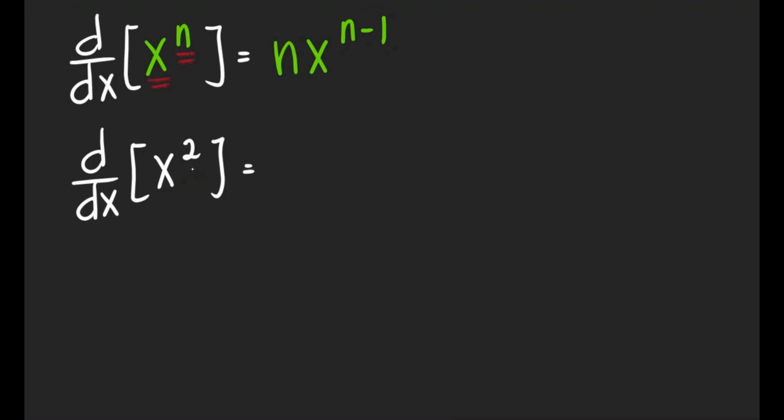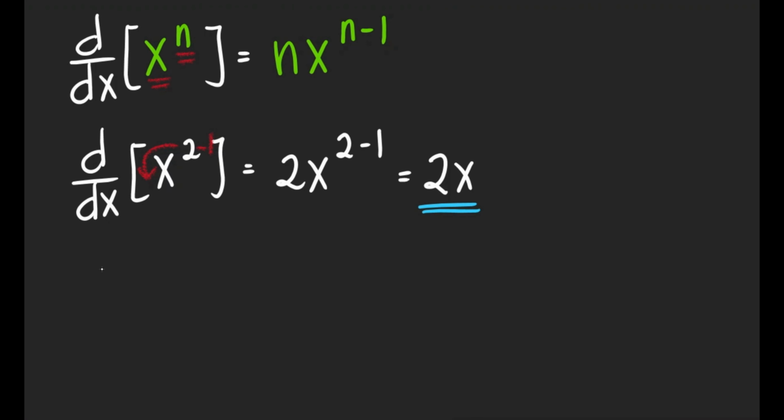The derivative will be n, which is 2, times x to the power 2 minus 1. 2 minus 1 is 1, therefore we have 2 times x to the power 1, or simply 2x. Notice that we just bring down the exponent in front as a constant multiple and subtract 1 in the exponent. 2x is the derivative of x squared.